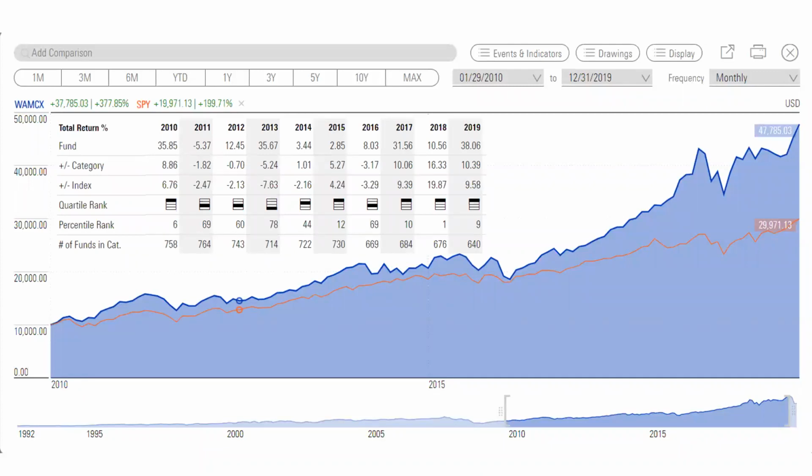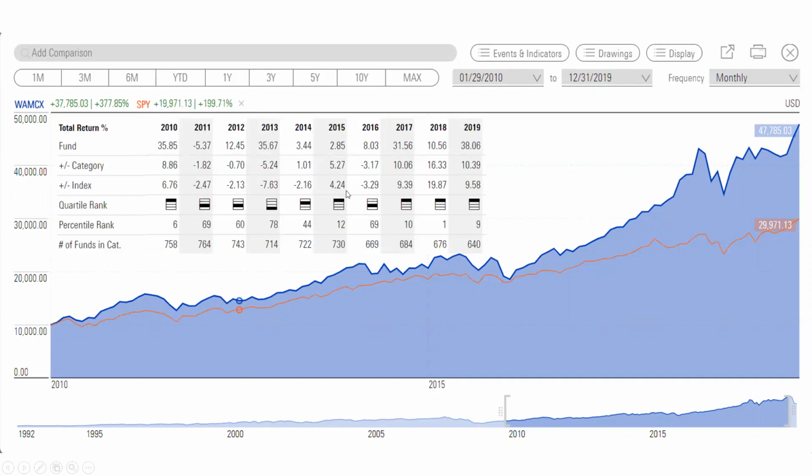Here is the annual return for 2010 through 2019. It also shows you a comparison to the category that it's in and the index. Notice that in this top row is the return to the mutual fund relative to the category, relative to the index or the benchmark.